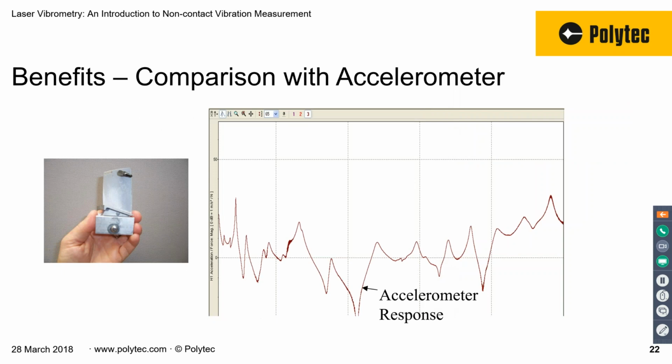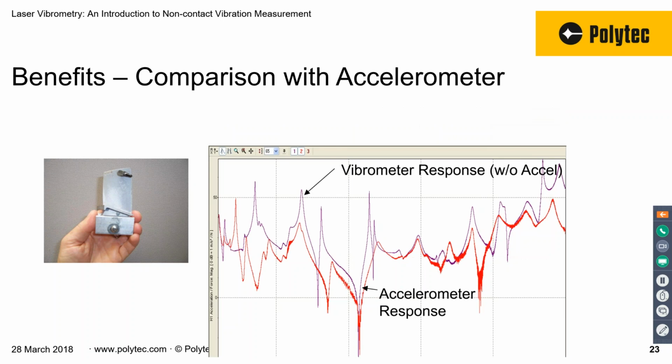Here's a comparison with accelerometers. You see accelerometer response on a turbine blade, and if you remove the accelerometer and measure the exact same location with a laser vibrometer, you get quite a different result.